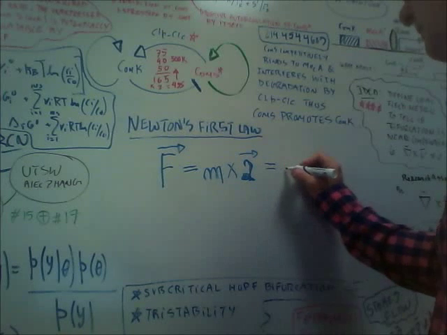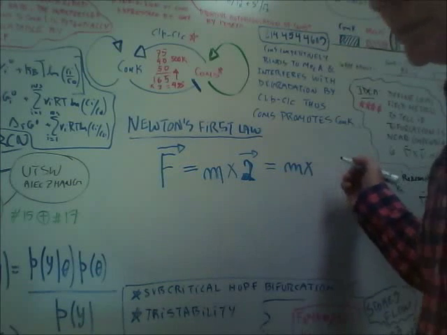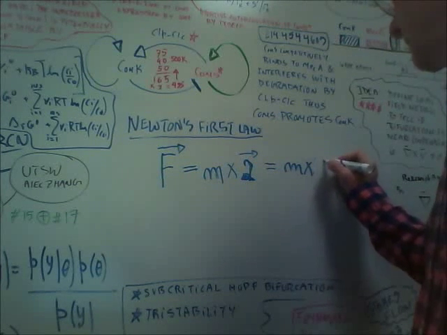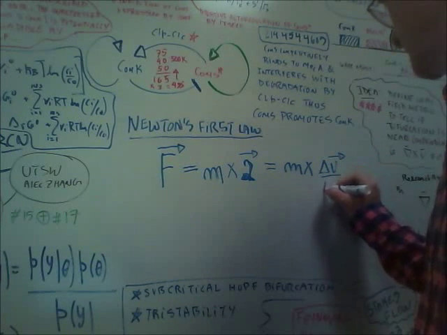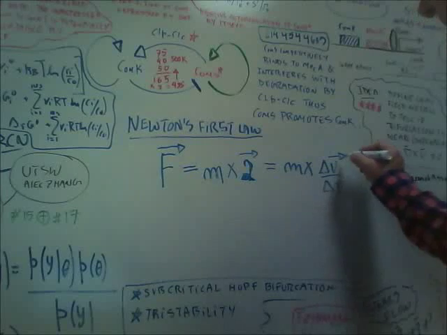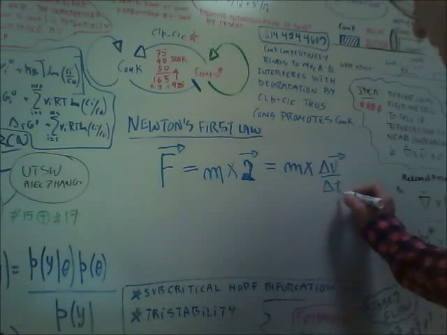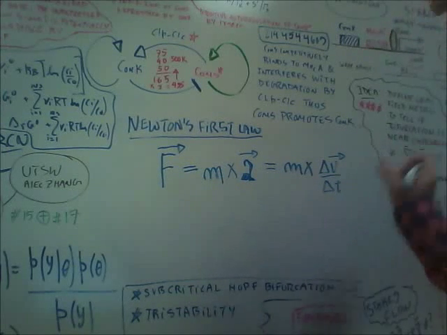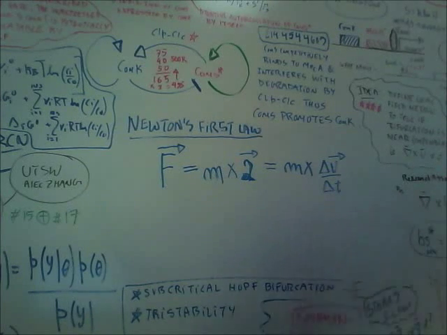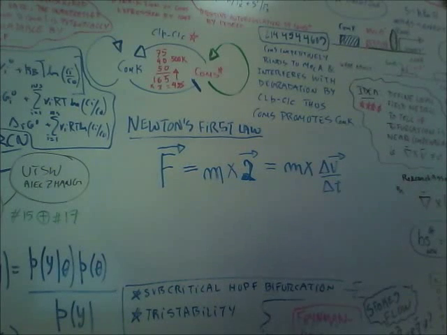So we could write this as m times, and I will write it in terms of differentials here, delta v over delta t. Here v is a vector. It is implied that delta t is very, very small. So we say delta t tends to 0. So the time difference at which you make the measurement of the change of speed is very, very small.